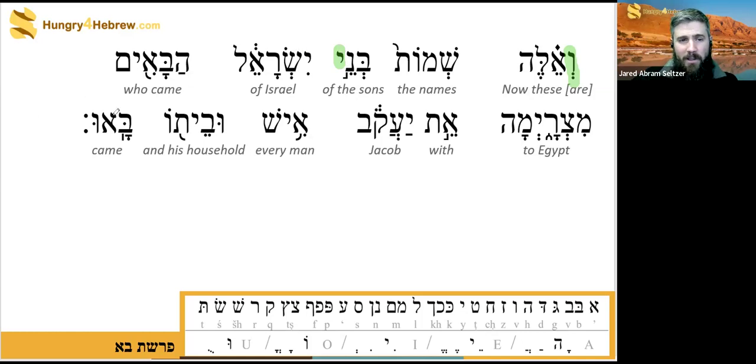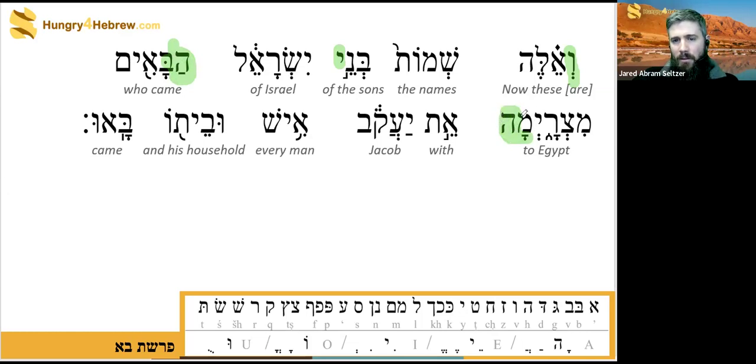Yisrael is a fun one because it's two parts anyway. Yisrael is "he will strive" or "he is striving," and El is God. Here we go, haba'im. That ha is a definite article. Im, again, I would just leave as part of the pattern of the word. Here we get that directional hey.